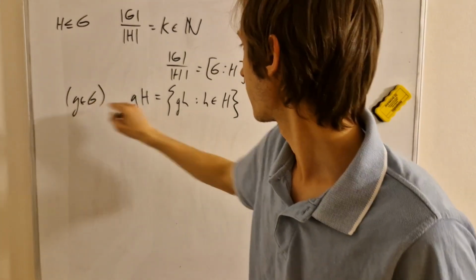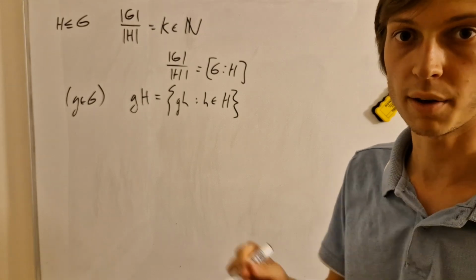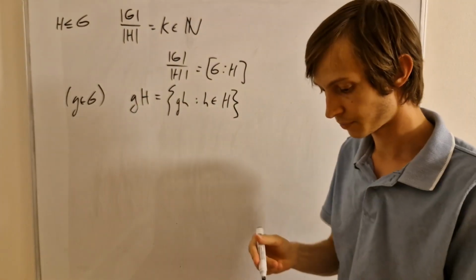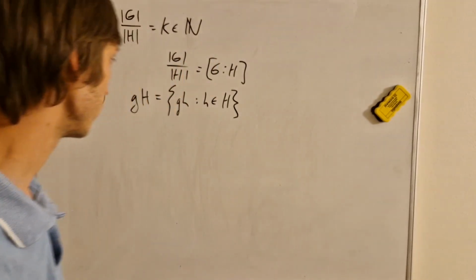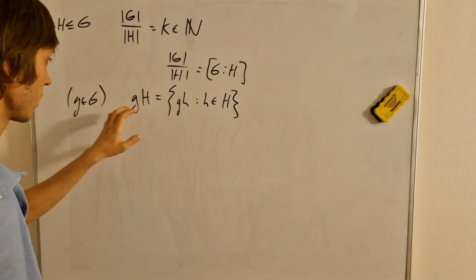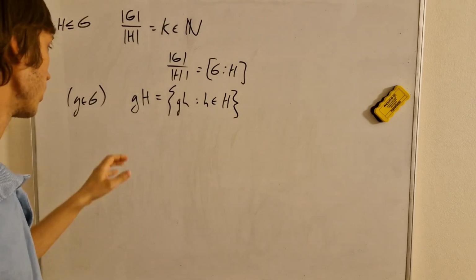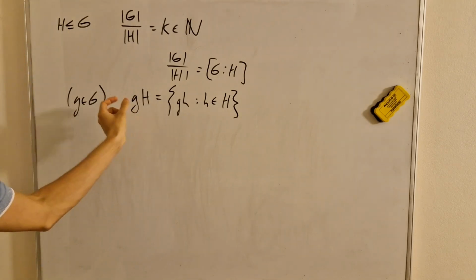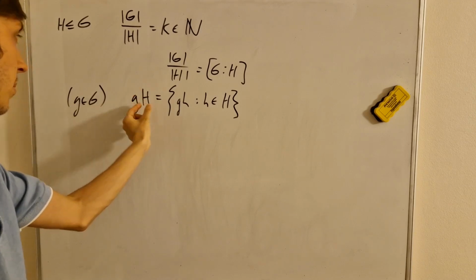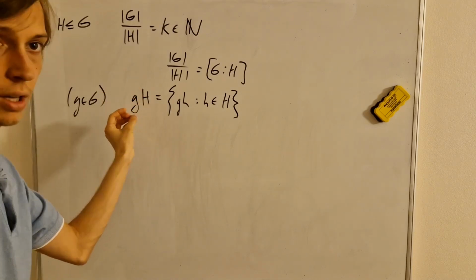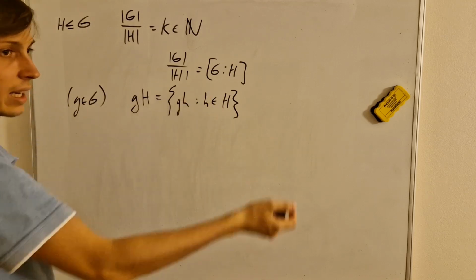And this is the definition of a coset. This is a left coset, but if we're dealing with abelian cases, then it doesn't matter if it's a left or right coset. But let's say we're talking about left cosets here, where the g is on the left. Basically, this is an element g from the group G put into operation with every element of the subgroup H, and that will generate a set.